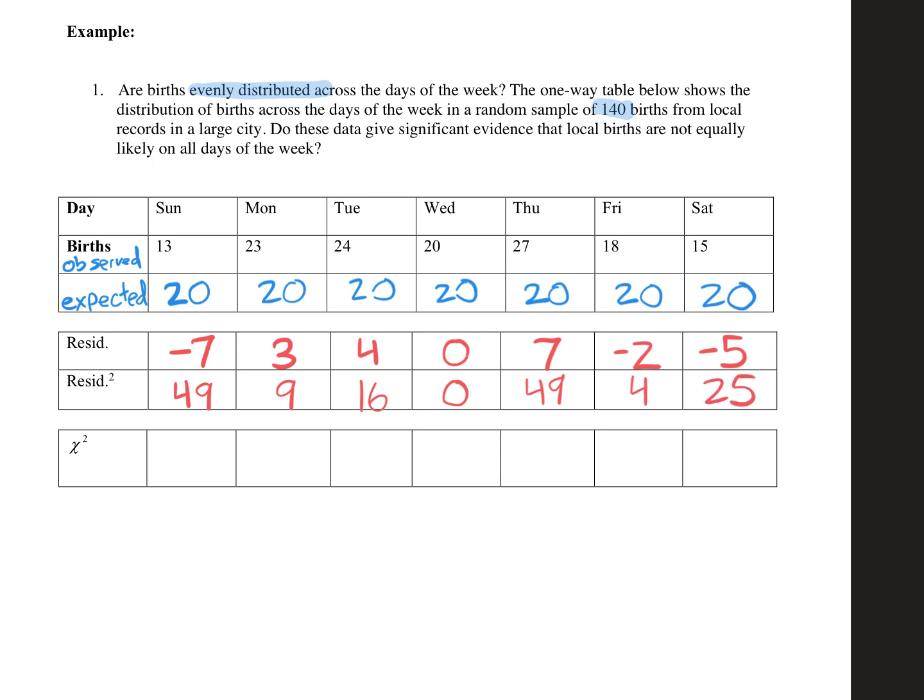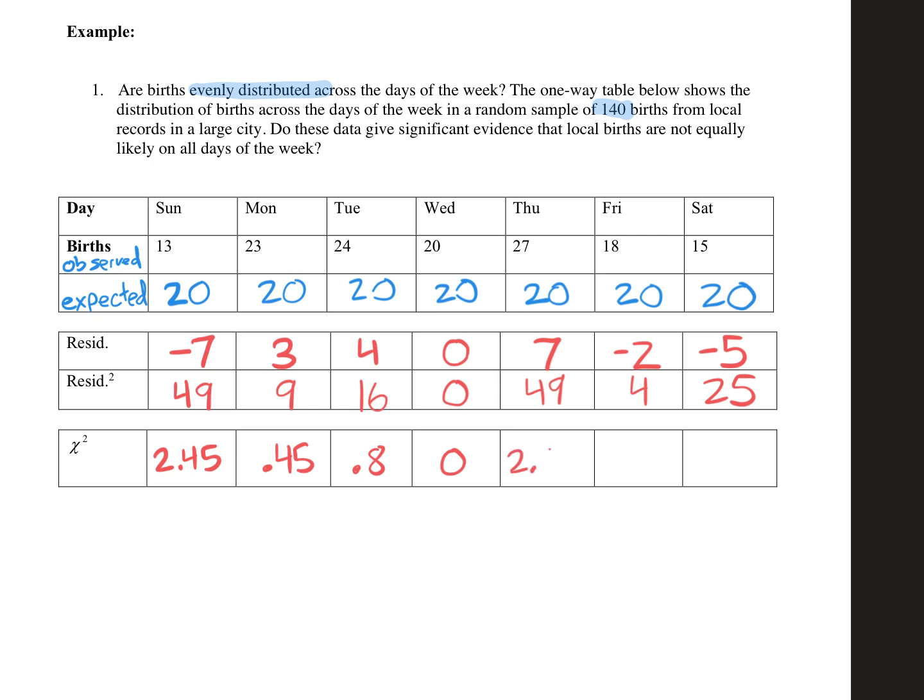All right, and so the way chi-square is calculated, you take those values and you divide by the expected. So because all of our expected numbers are 20, we're going to be dividing the last row of numbers that we wrote by 20. So 49 divided by 20 is 2.45. 9 divided by 20 is 0.45. 16 over 20 is 0.8. 0 over 20.